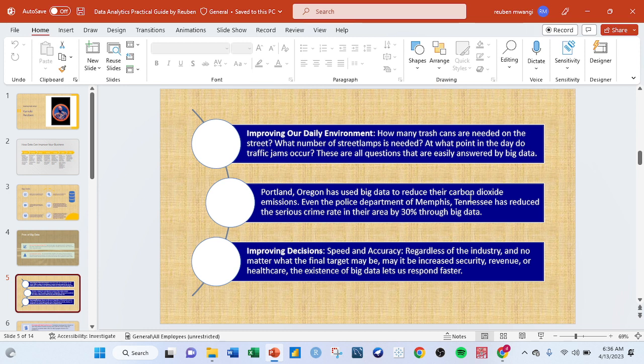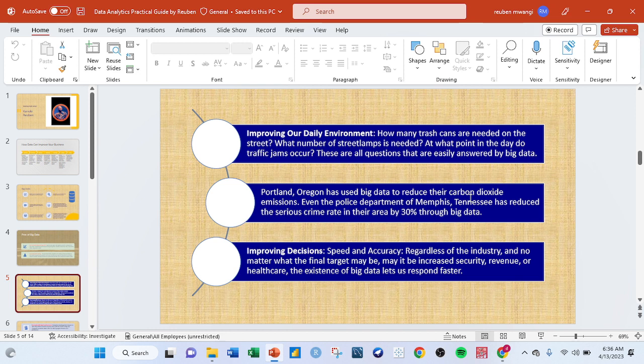So, improving decisions. We just said it helps us with speed and accuracy. Regardless of the industry, and no matter what the final target might be, be it increased security, revenue, or healthcare, the existence of big data lets us respond faster. True. So it helps us make quick, easy and the best decisions, because if you have data, you have access to everything.